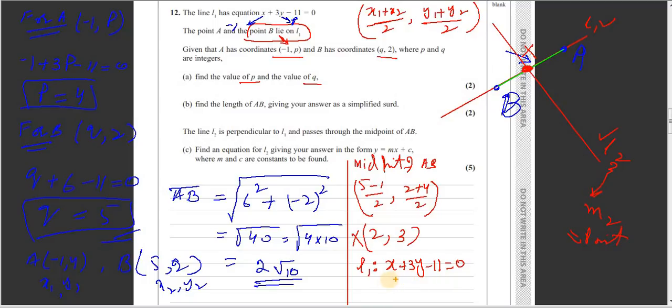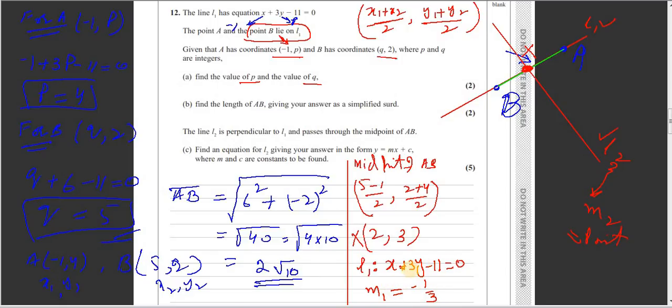So you can figure out the gradient of L1, which I'm calling M1. So M1 would be minus 1 upon 3. And how can you find this gradient for L1?